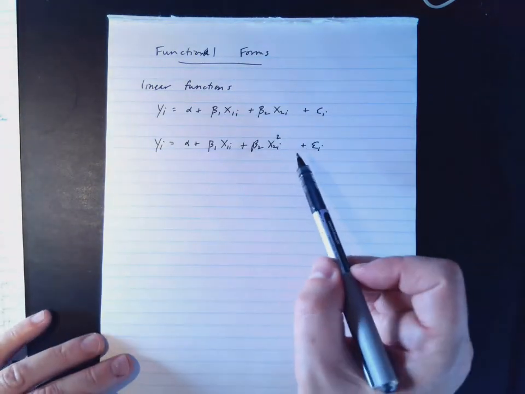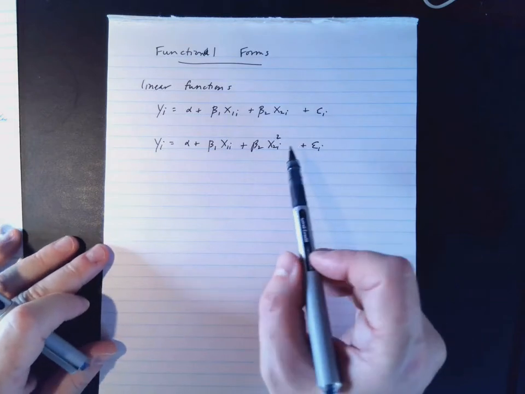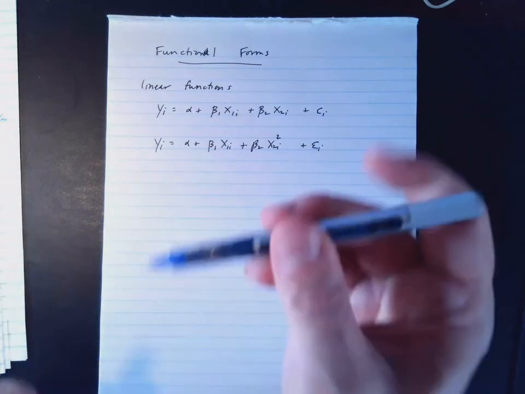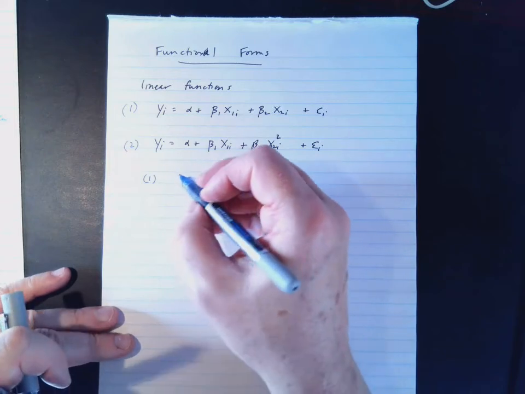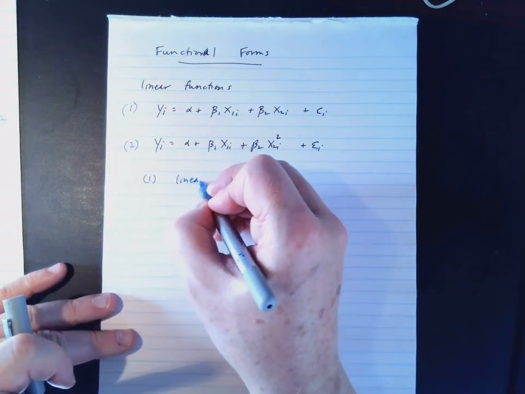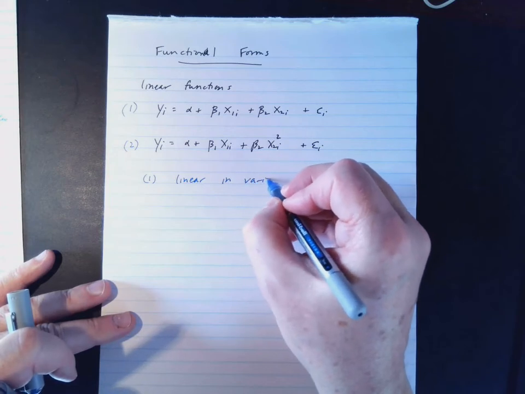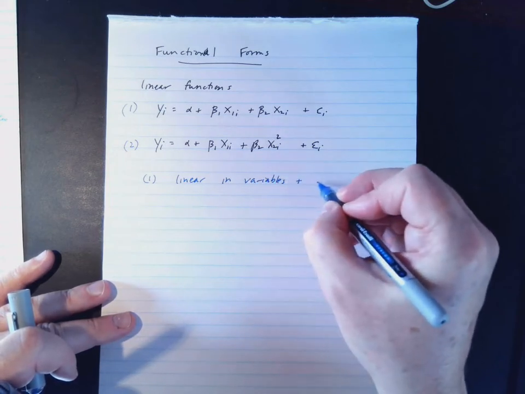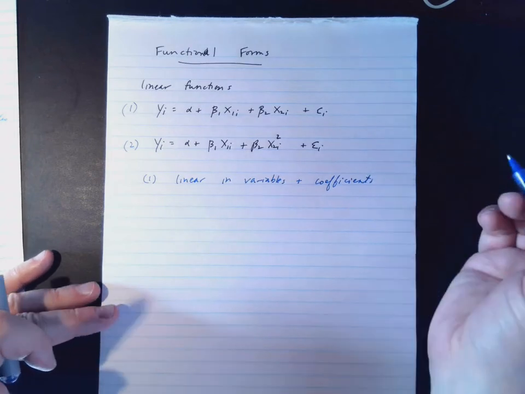Okay, so now we've got a nonlinear term in here. We've got x2 squared. So equation 1 is linear in the variables and the coefficients, the x's and the betas.